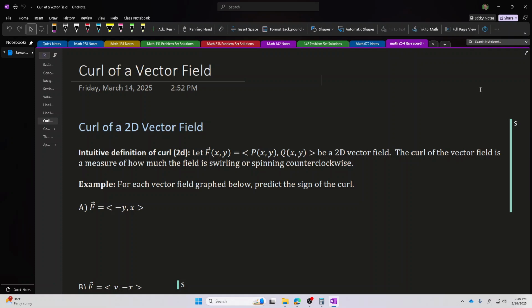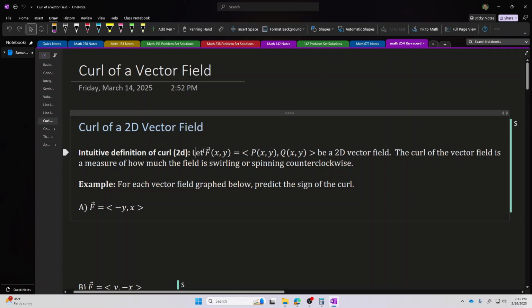So let's start by talking about curl for a two-dimensional vector field. If you have a two-dimensional vector field, the curl of this vector field is a measurement of how much the vectors in the field appear to be swirling or spinning counterclockwise.